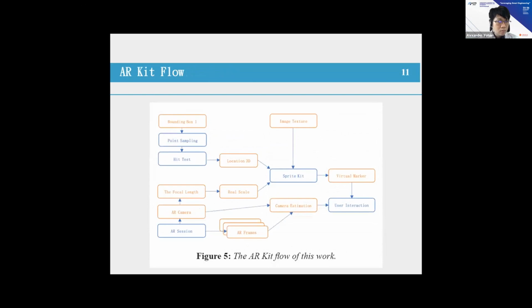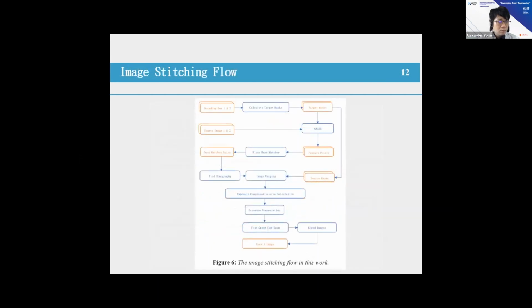And this is the involved AR technique. It's called ARKit, because this is the AR library available on iOS. And also we need to stitch two images together. So this is the detailed image stitching flow.